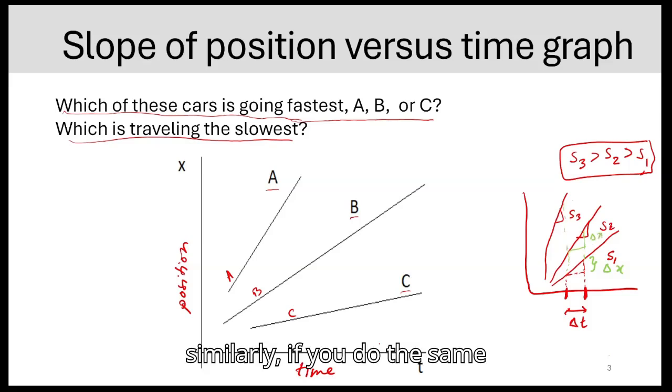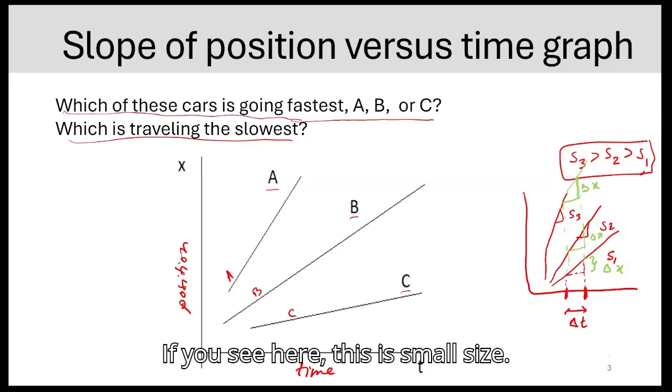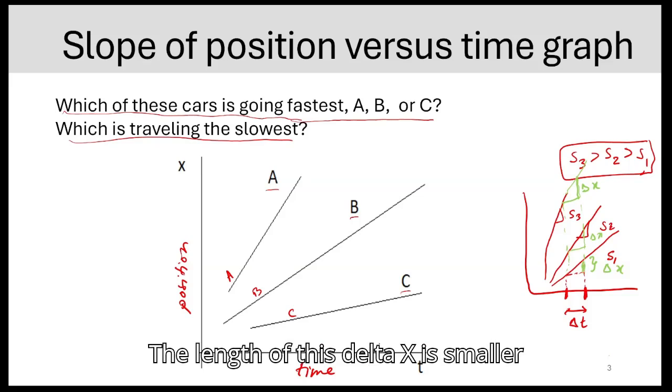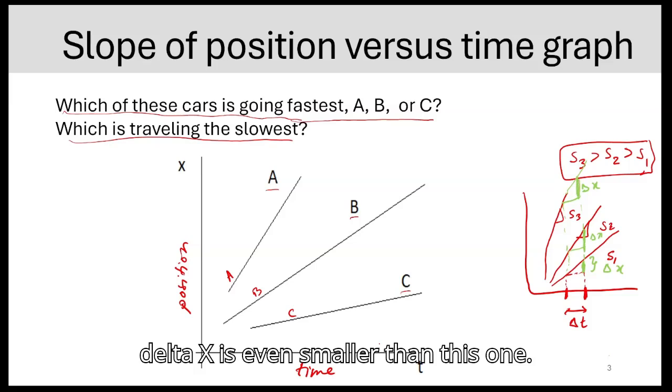Similarly, if you do the same here, now if you look at this delta x for each case, the length of this delta x is smaller than this one, and this delta x is even smaller than this one.